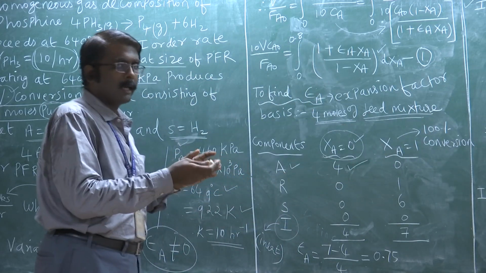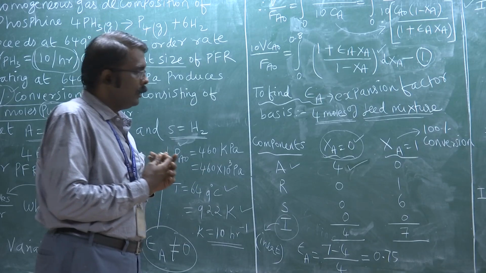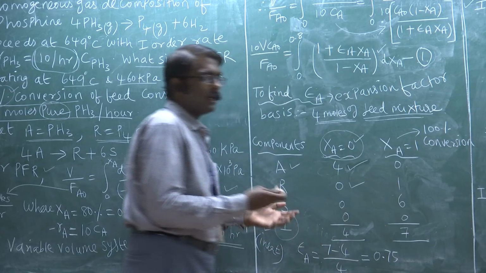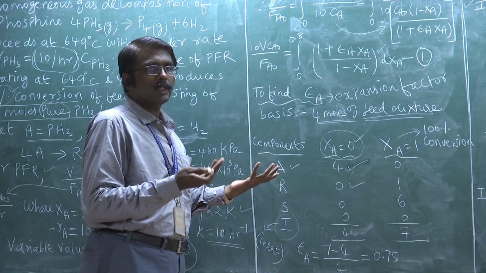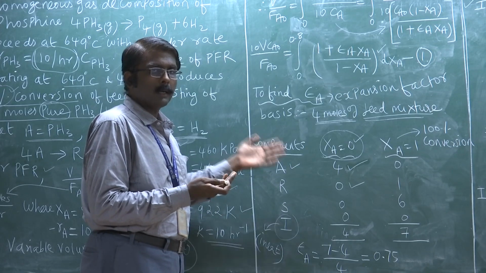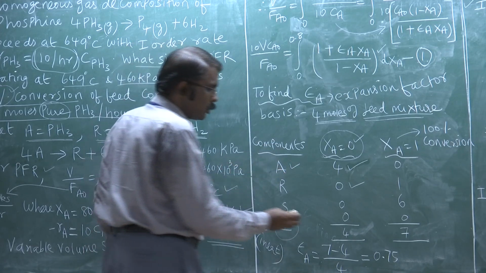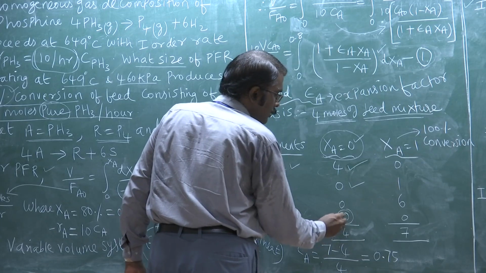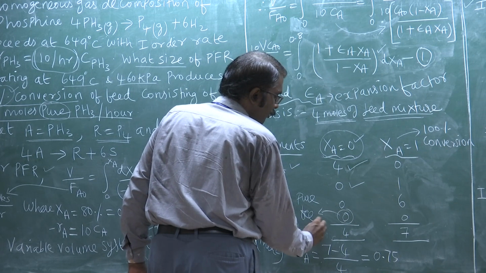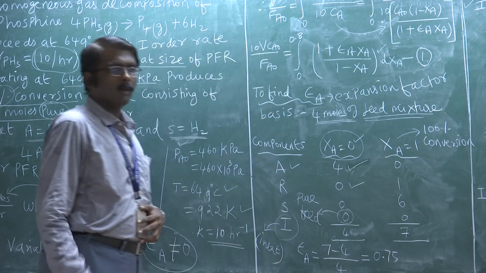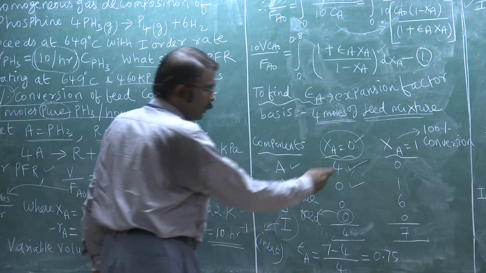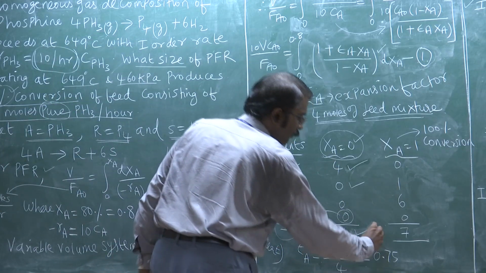Now the number of moles of R should be equal to 0 because at the starting point there is no formation of R, as well as no formation of S. So both R and S should be equal to 0. And I is also equal to 0 because we are using pure A, a pure feed, which means no inert. Summing up all these, we get the total number of moles as 4.